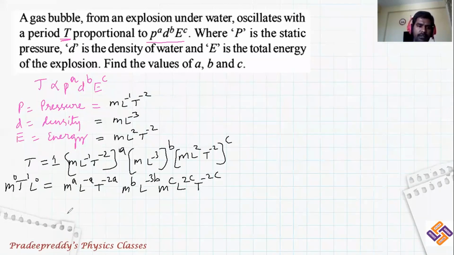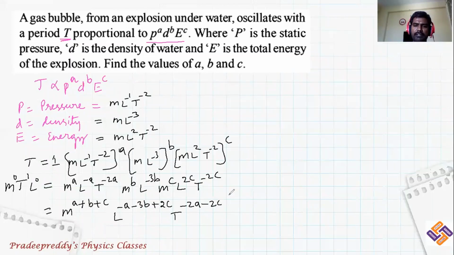This is equal to M power A plus B plus C, L power minus A minus 3B plus 2C, T power minus 2A minus 2C, right? So that is the data which you have obtained.